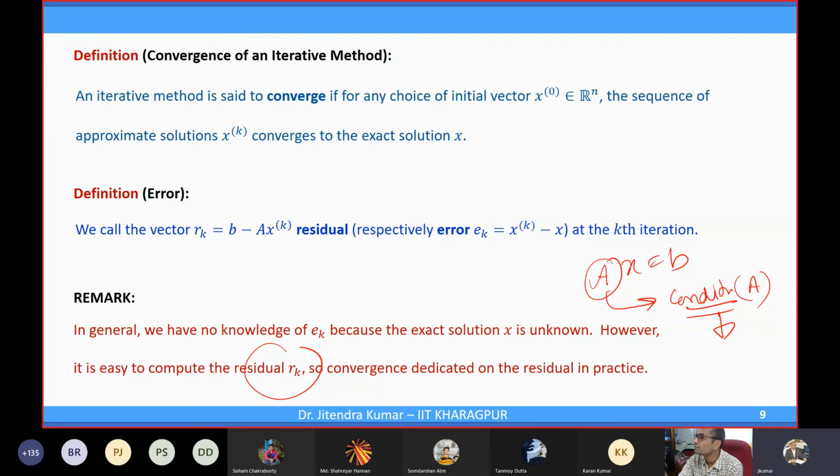Those problems are called ill-conditioned problems. Solving ill-conditioned problems is a challenging task where you need special iterative methods. They need special attention, and with usual methods you cannot solve those problems when the condition number is very large.